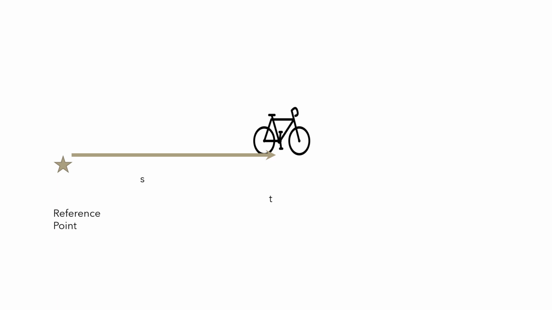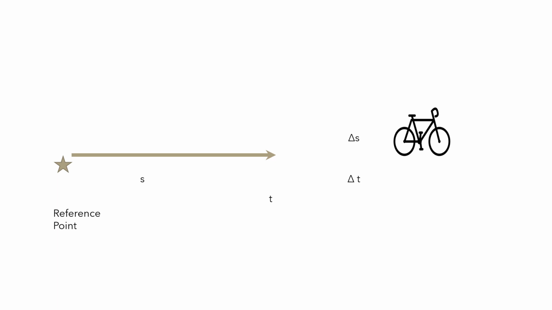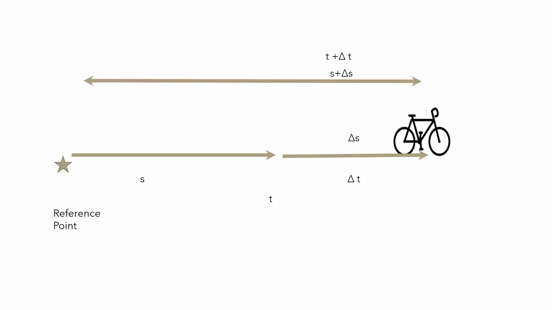We are noticing the movement, and after some time interval delta t, the cycle reaches another position, and at that position it covers a displacement of delta s. So the total time up to this was t plus delta t, and the total displacement is s plus delta s. In this case, the displacement is positive, and now we can say that the distance and displacement are both the same.